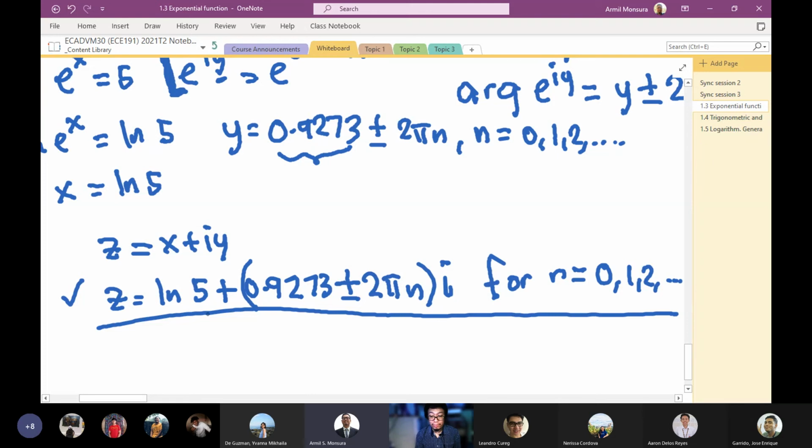Ibig sabihin lahat yan possible values of z. Okay? Is that clear?